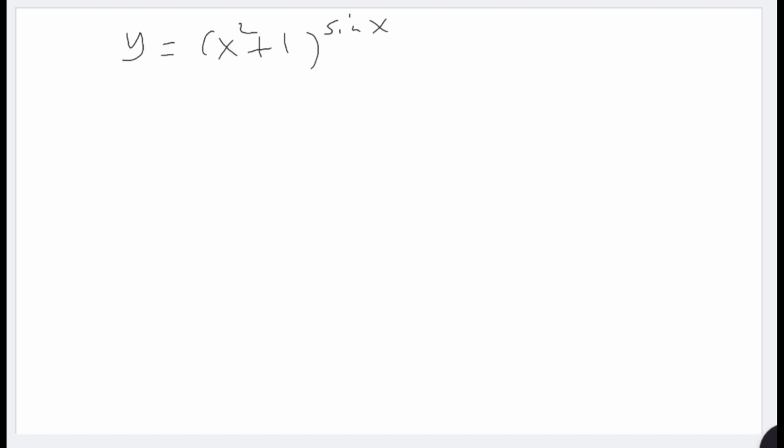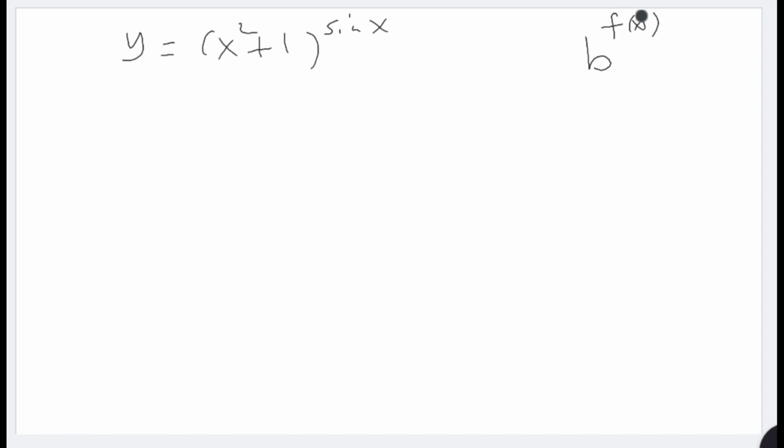It's just some structure in exponential form, but it's not an exponential function. An exponential function would be a number raised to some power, which could be a function. So you see the base in this structure is a function, so it's not called exponential, so we just cannot do it.